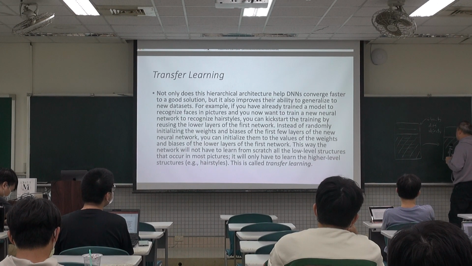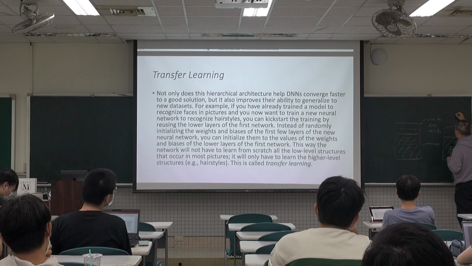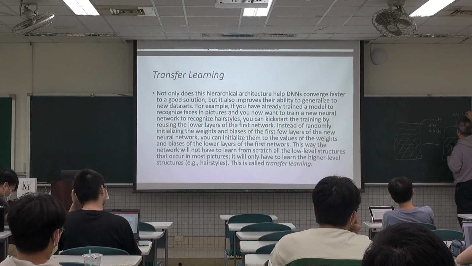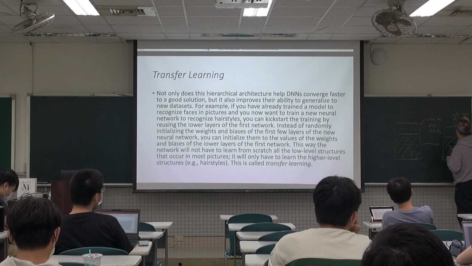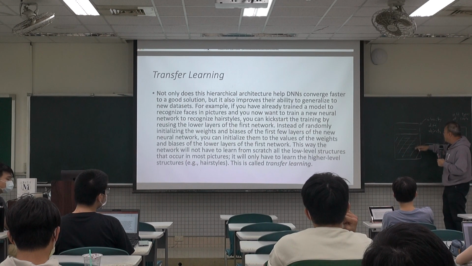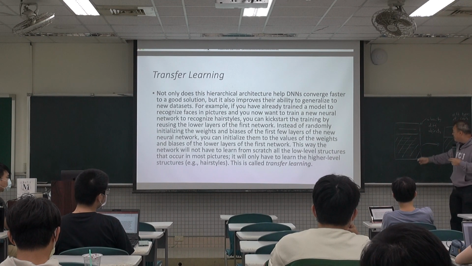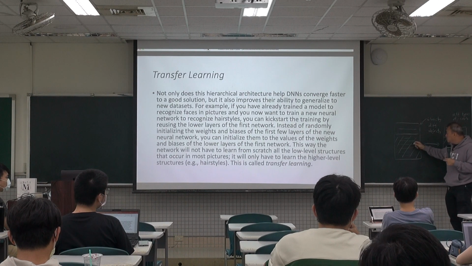Because now, say this one classifies different objects, and for this one you just want to identify different types of cars. The lower layers are already able to distinguish whether it is a car or something else from this model, so you can copy the lower layers to here.